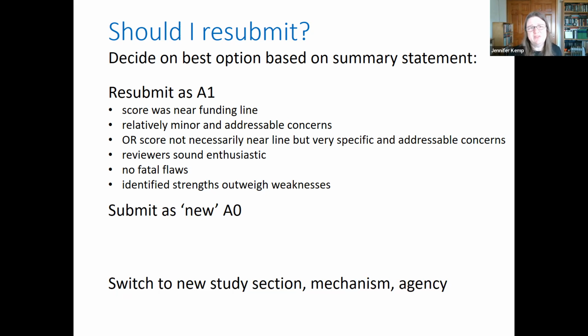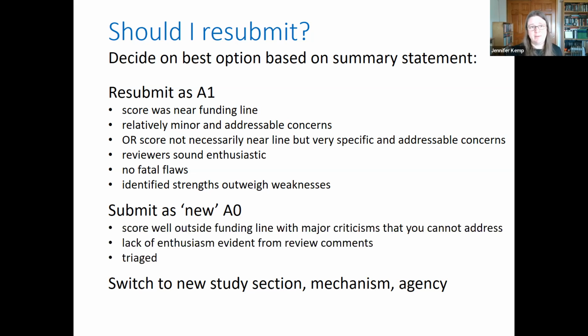If the reviewers sound enthusiastic, if they didn't identify anything that would be considered a fatal flaw that you just can't address and that they just won't accept, and if the strengths that they identified throughout your summary statement really kind of outweigh the weaknesses, then you're probably in pretty good shape to go ahead and resubmit.